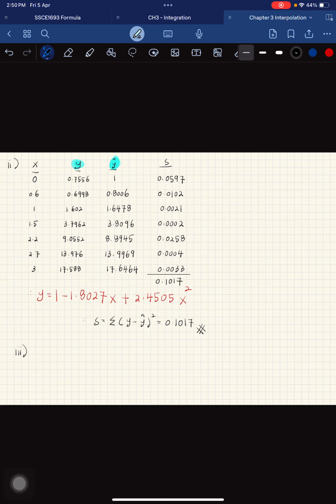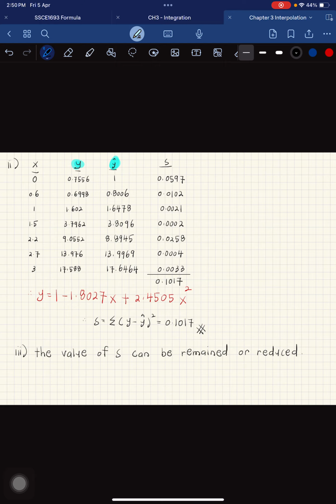The value of S maybe can remain, the answer remains 0.1017, or maybe reduce, the error can be maybe reduced, we don't know.